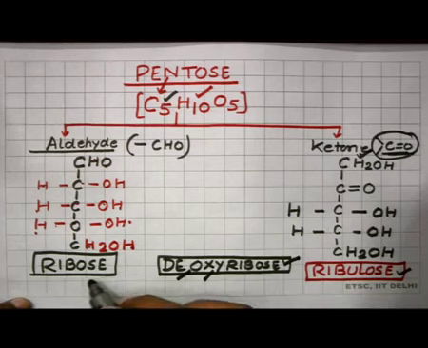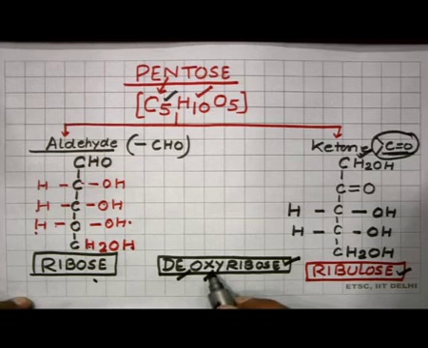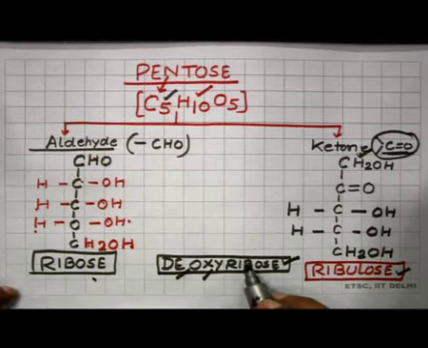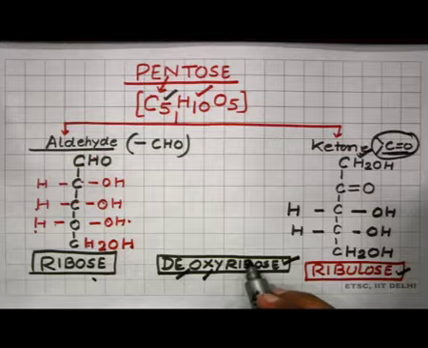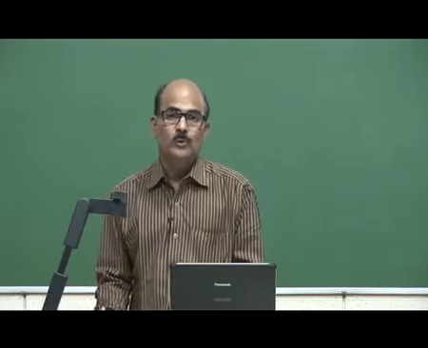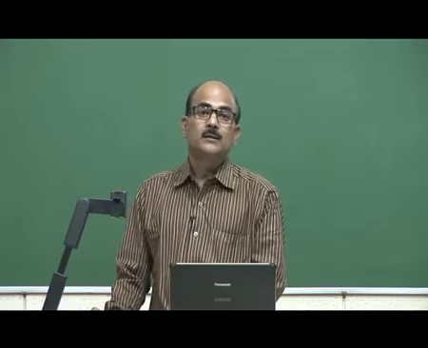Ribose sugar is a pentose sugar. At one carbon atom, one oxygen is going to be deleted, and the carbon from where the oxygen is deleted is carbon 2. If we know this, we can easily write the simple structure of deoxyribose.